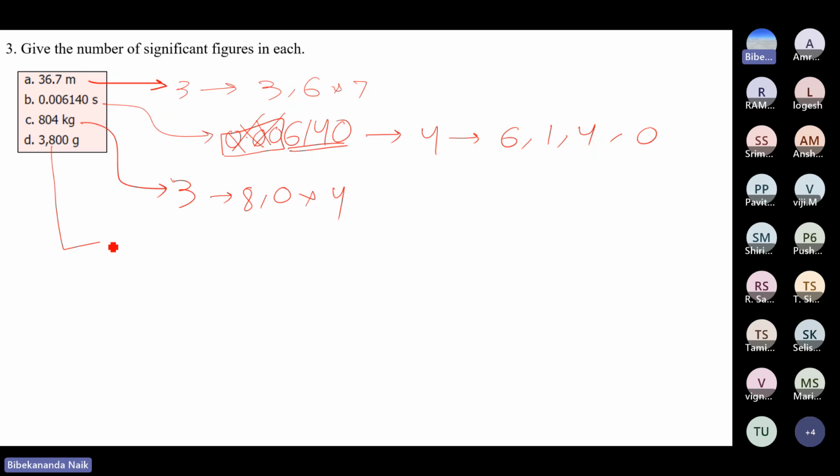And in case of D, it is 3800 gram, but this comma is not a decimal sign. So when we are considering the rule, can anyone tell me what will be the number of significant digits in this case in D?